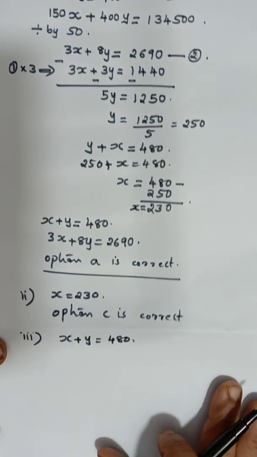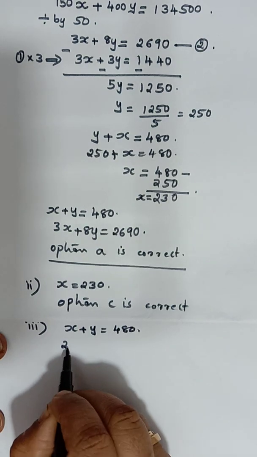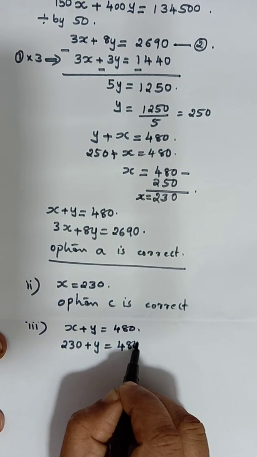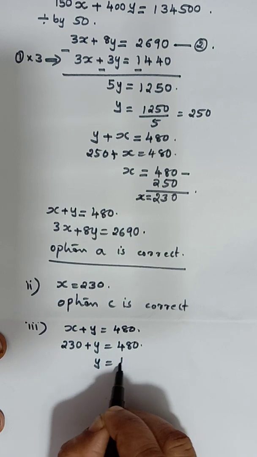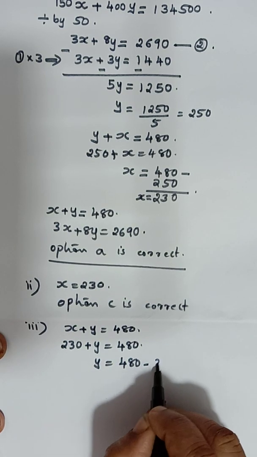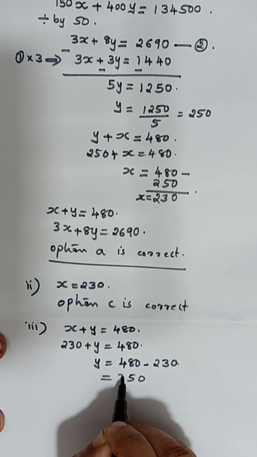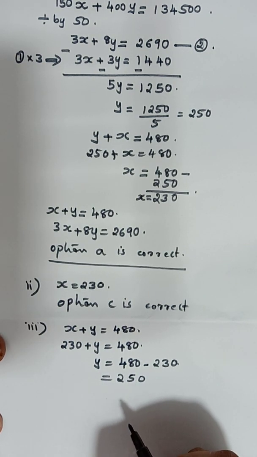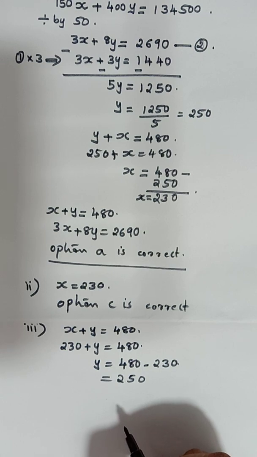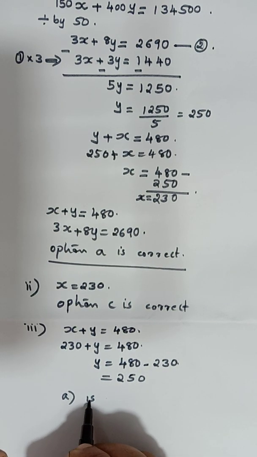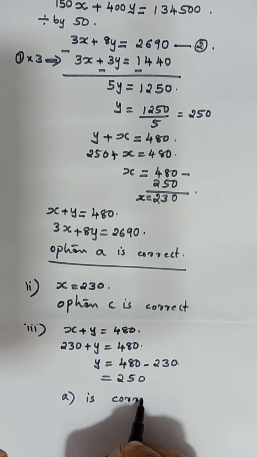The x value we have found out as 230. So 230 plus y is equal to 480. Therefore, y is equal to 480 minus 230. Subtract now. Isn't it 250? So the number of adults is 250. That is, option A is correct.